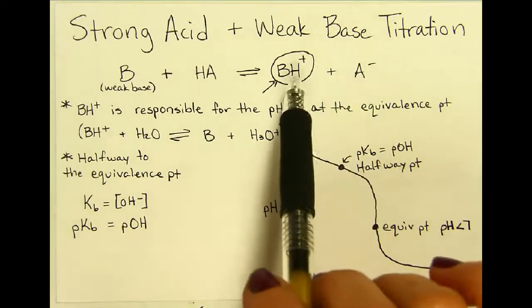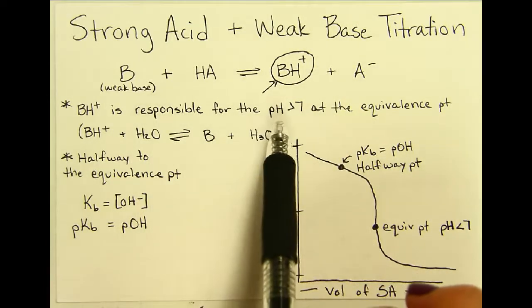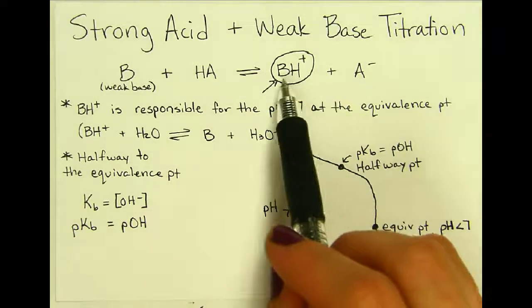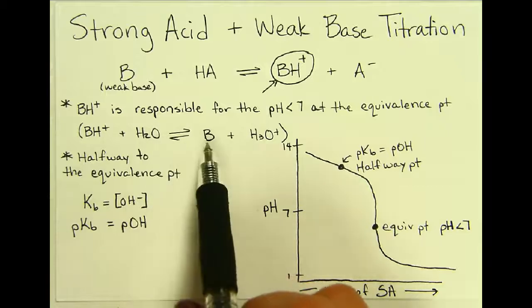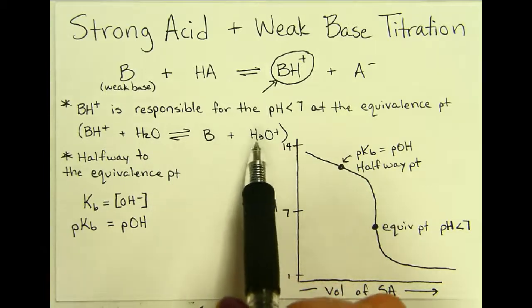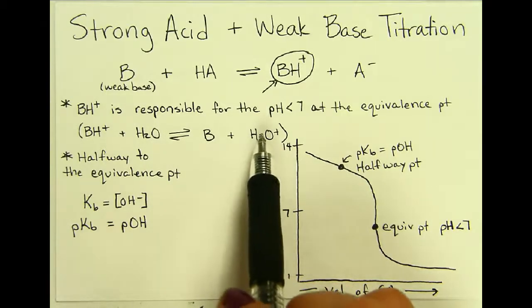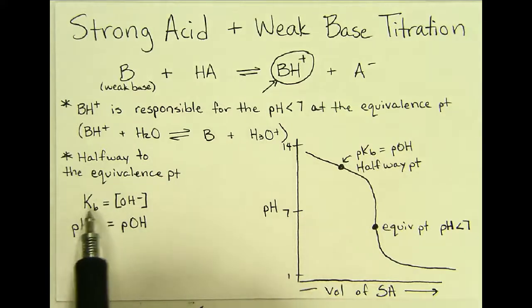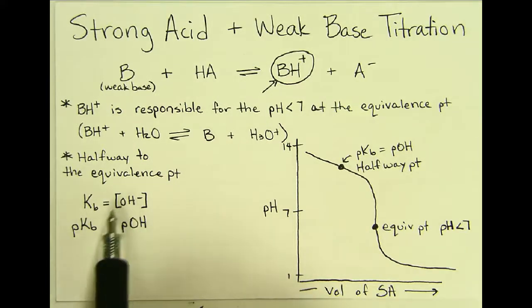It's this conjugate acid that is responsible for the pH being less than 7 at the equivalence point, because the conjugate acid reacts with water to yield the base plus the hydronium, and so that's why it's considered an acid. The halfway point to the equivalence point is where the Kb is going to equal the hydroxide concentration, or the pKb equals the pOH.